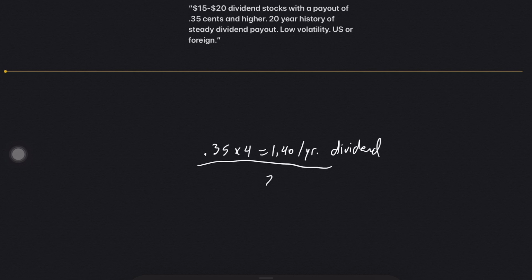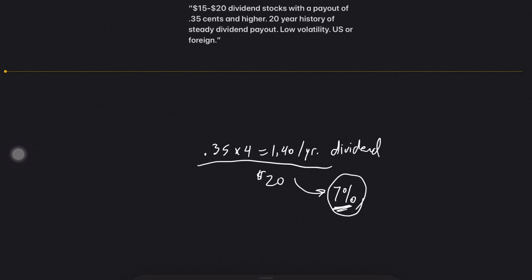And if we divide that by his $20 high stock price range, that gets us to a dividend yield of 7%. Now this is the number you really are caring about in this particular situation.